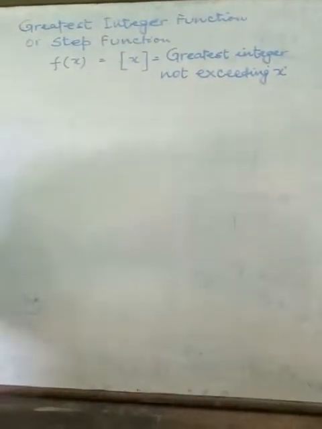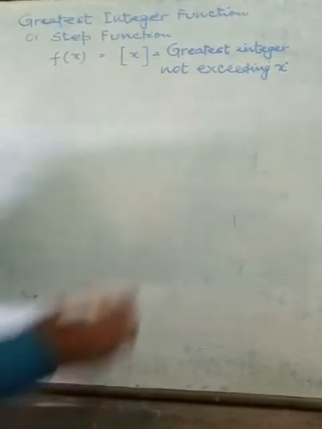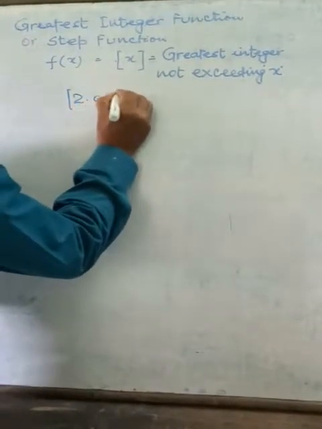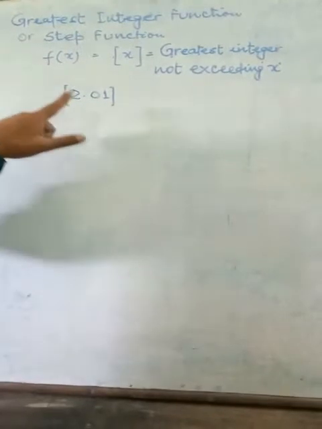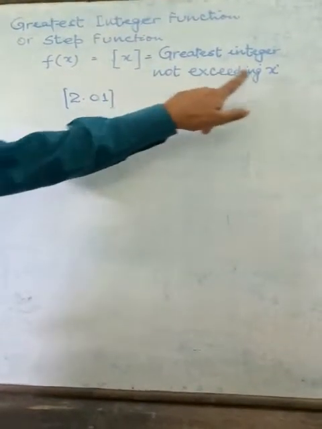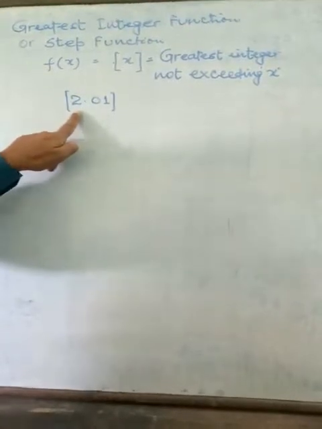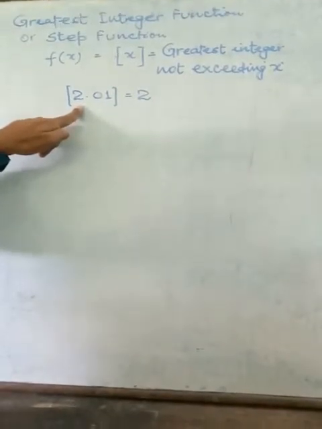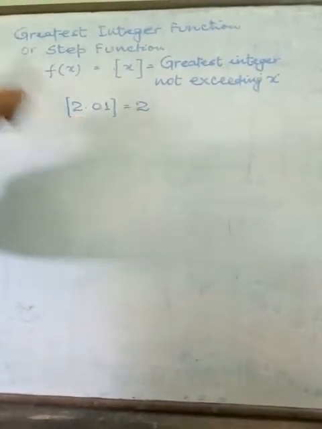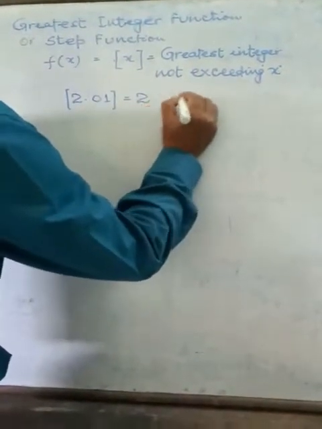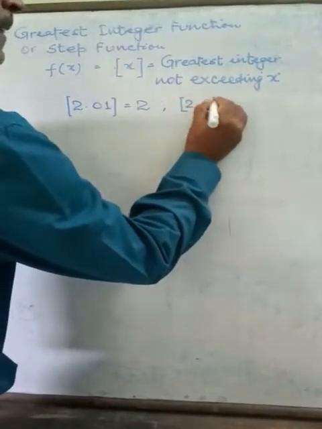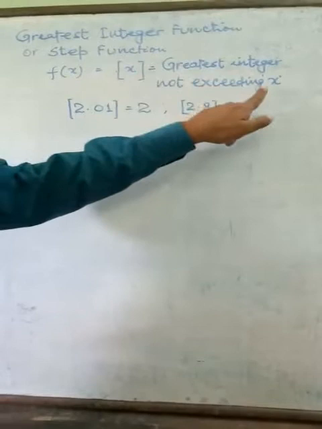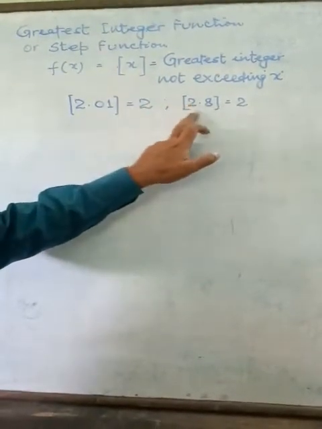See the example. The greatest integer function of 2.01, its value, I have already said, not exceeding x, so its value is 2. Similarly, the greatest integer function of 2.9, or you consider 2.8, this is 2 because it cannot exceed x, so its value is 2.